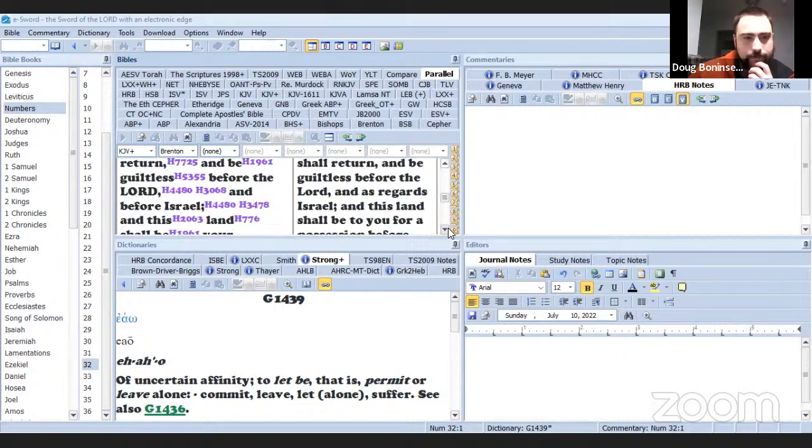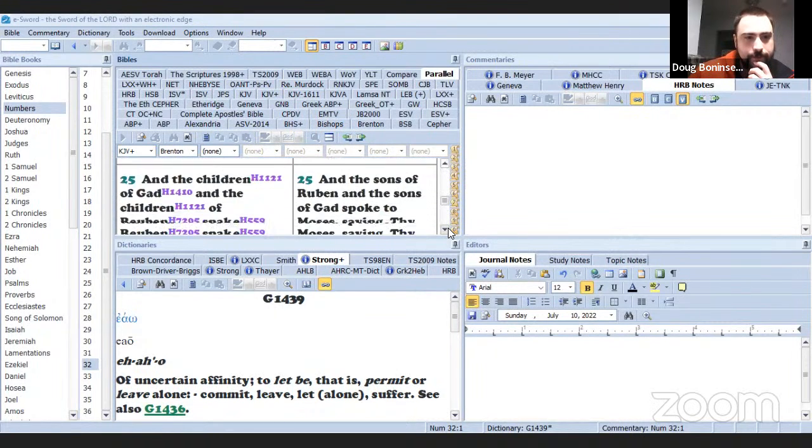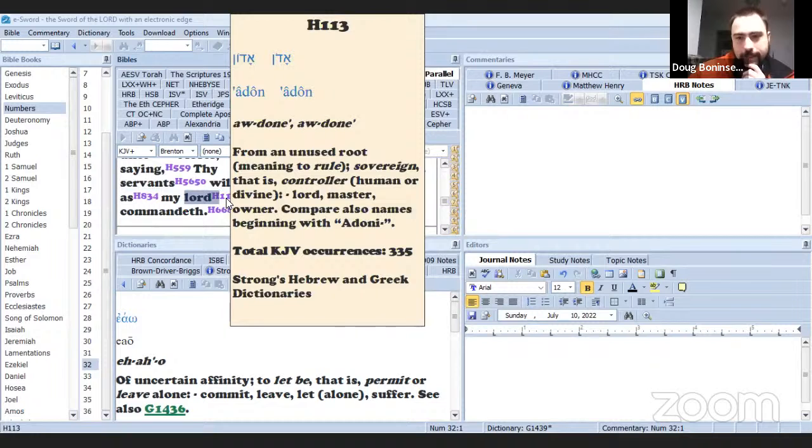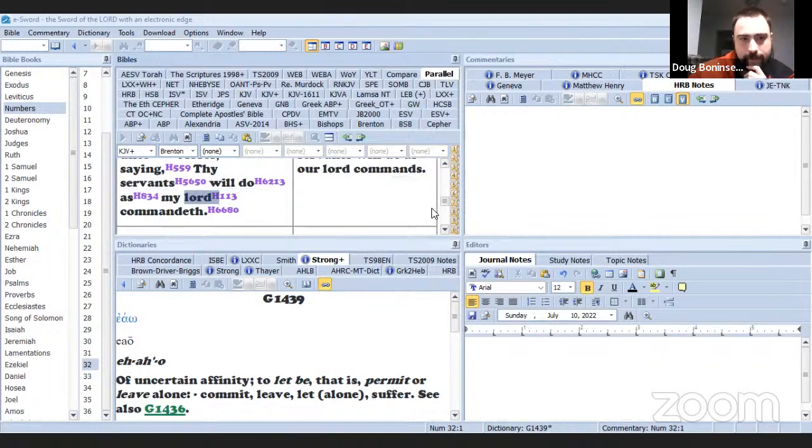Right here, the word for Lord or Master is lowercase, Adon. So again, you have Adon or Adonai. I think in the Brenton it would be Kurios there, or there's another Greek word separate from Kurios that actually means a human master. I can't remember it off the top of my head. So the Masoretic text puts the word Adonai in there.